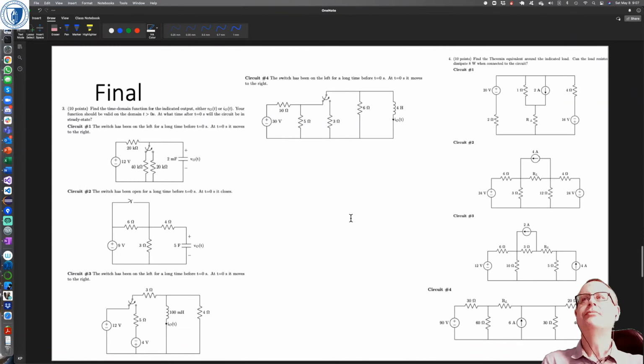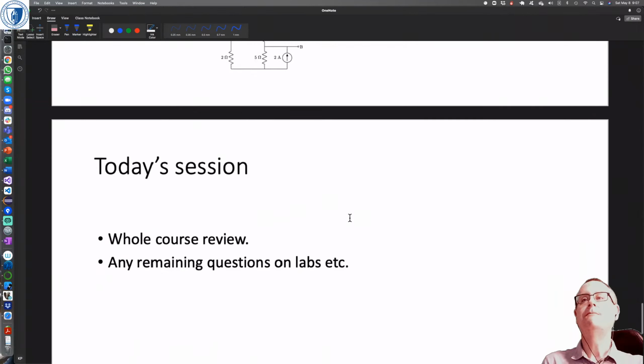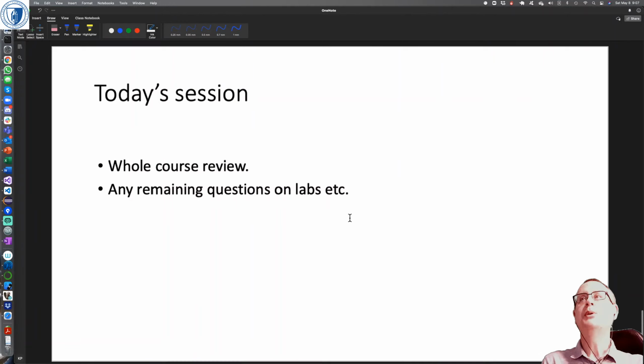And yeah, this is just all the circuits on the final. So unless anybody has anything else of more pressing concern, I thought I would start reviewing the whole course and seeing where we get to.